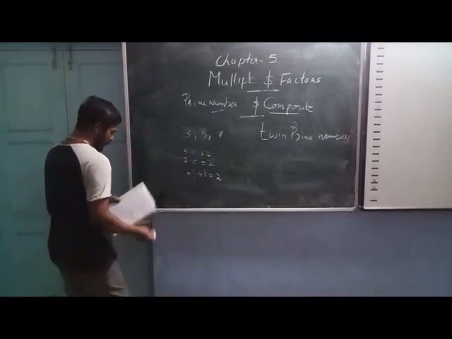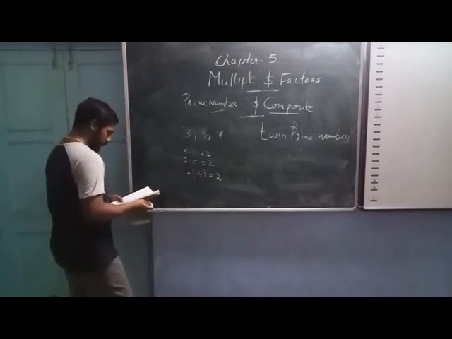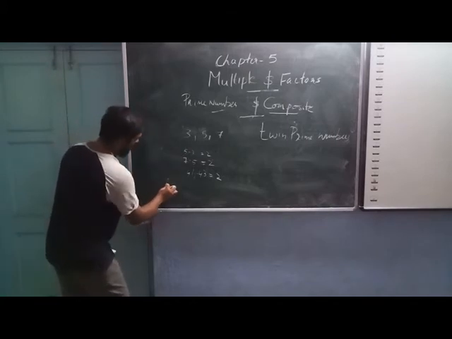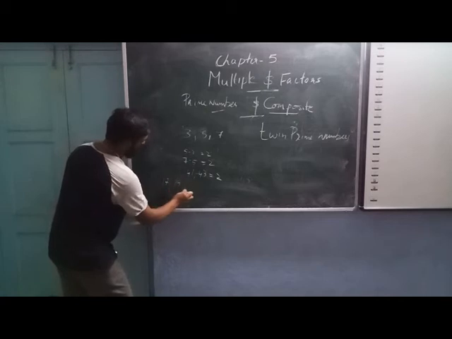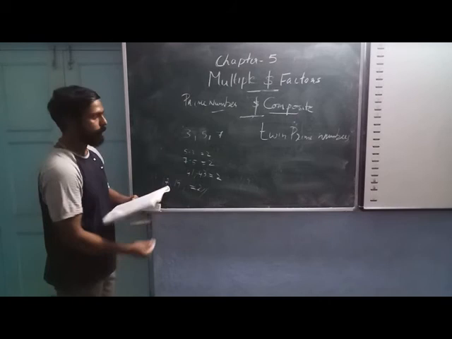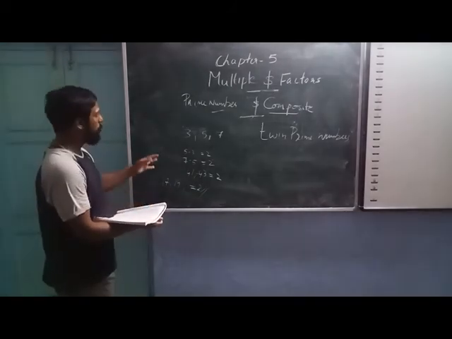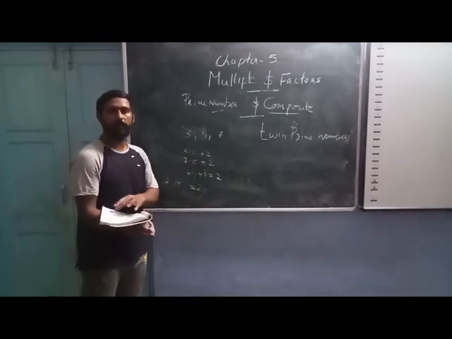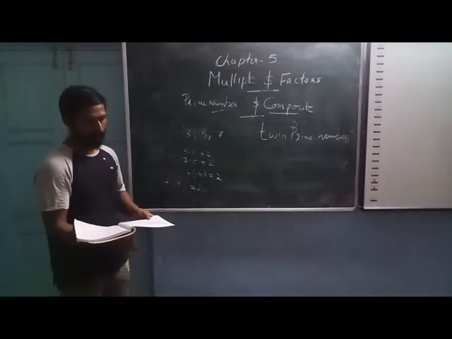Another example we have is 17 and 19. Their difference is 2. So 17 and 19 are twin primes. The prime numbers whose difference is 2 are called twin prime numbers.